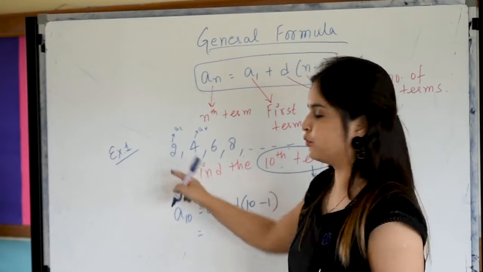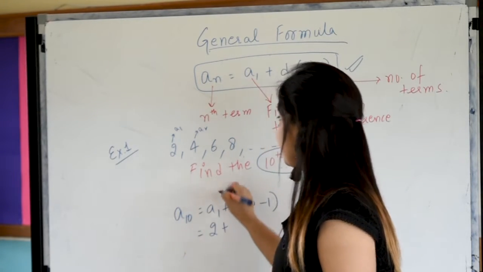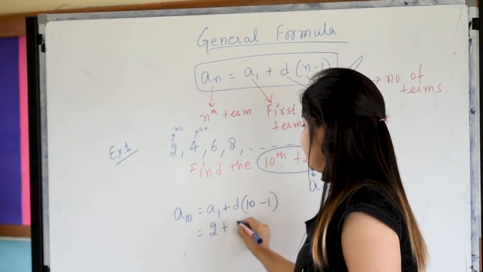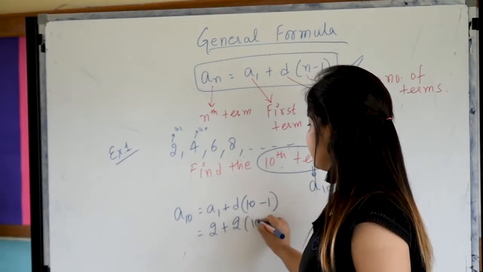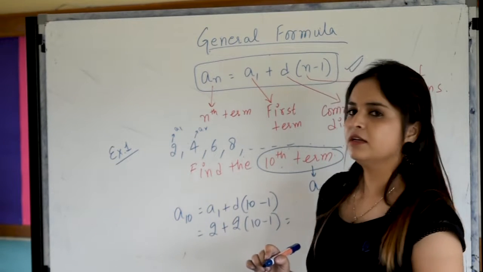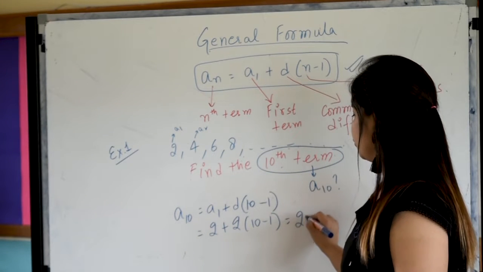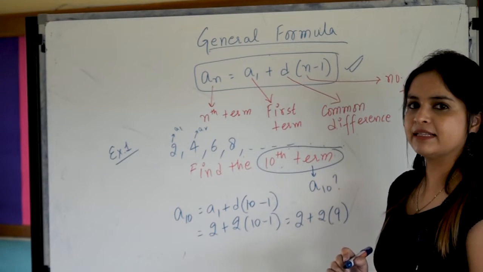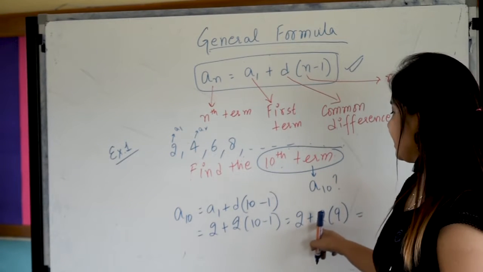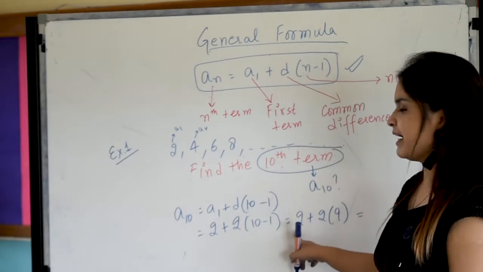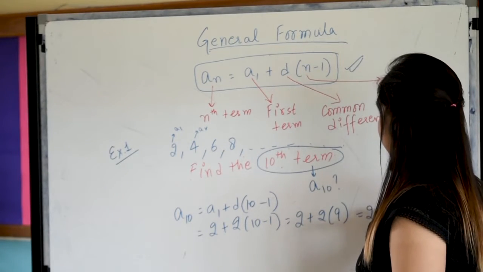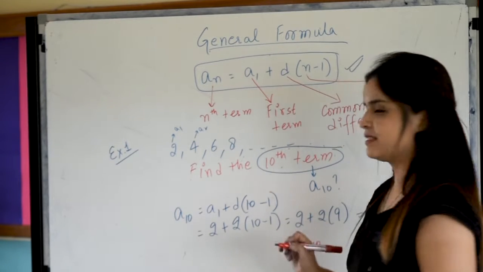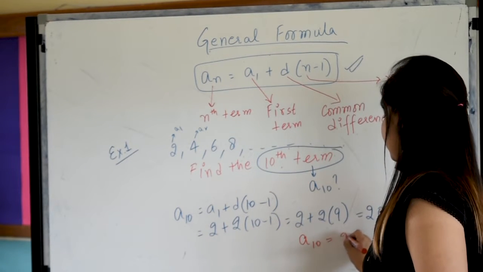A1 is your 2. What is my D? D is 4 minus 2, which is 2, times 10 minus 1. So this will be 2 plus 2 times 9. 10 minus 1 is 9. 9 times 2, 18. 18 plus 2 is 20. So that means my 10th term, which is A10, is 20.